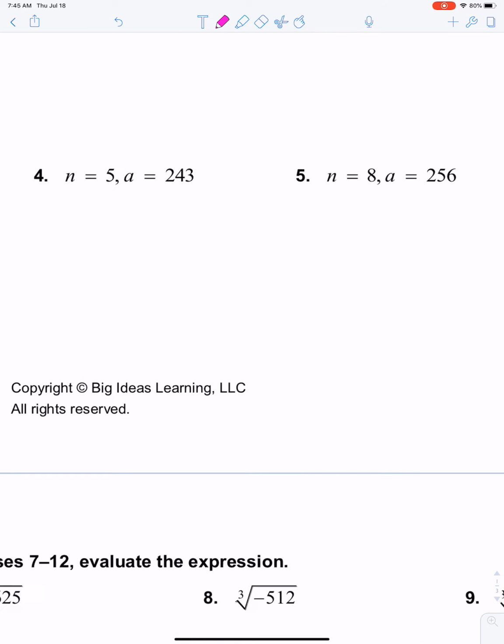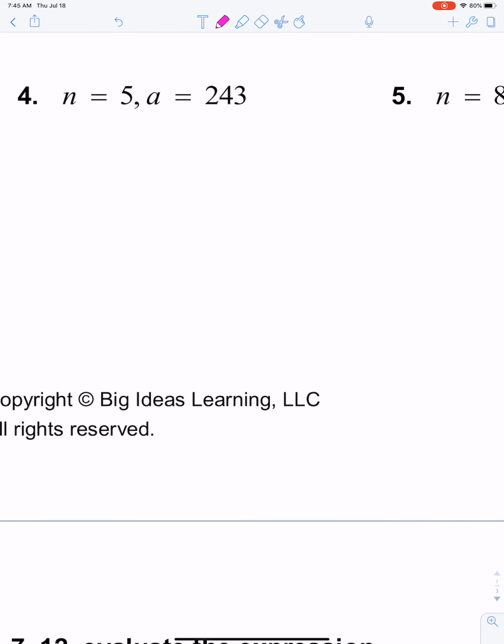Number 4, okay, we're going to be taking the 5th root of 243, written as an exponent, would be 243 to the 1/5 power, okay? And the 5th root of 243 is actually going to be positive 3.